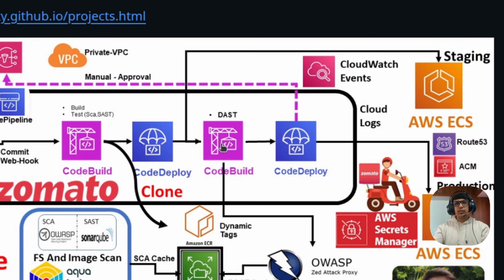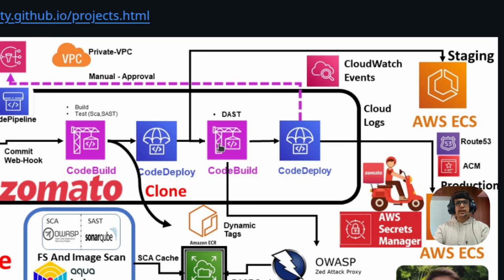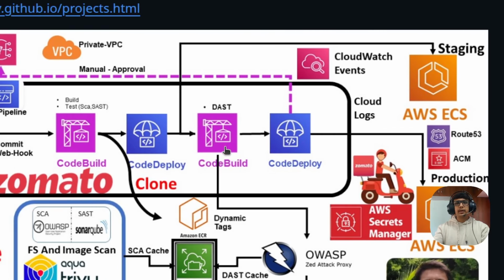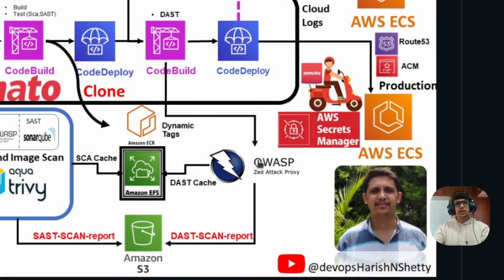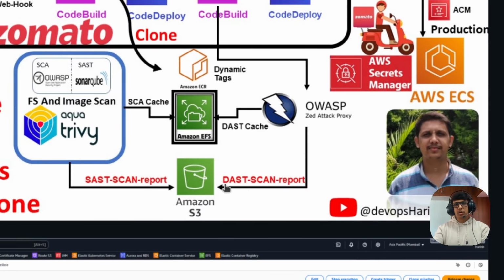Once staging is done, it scans the application by using DAST with OWASP ZAP. Once the DAST report is generated, you can see it is stored in the S3 bucket.